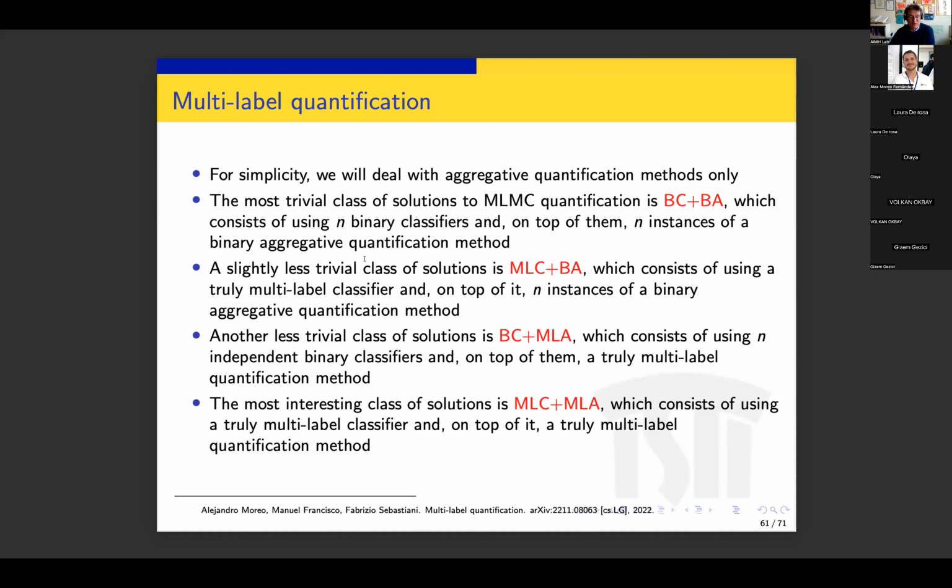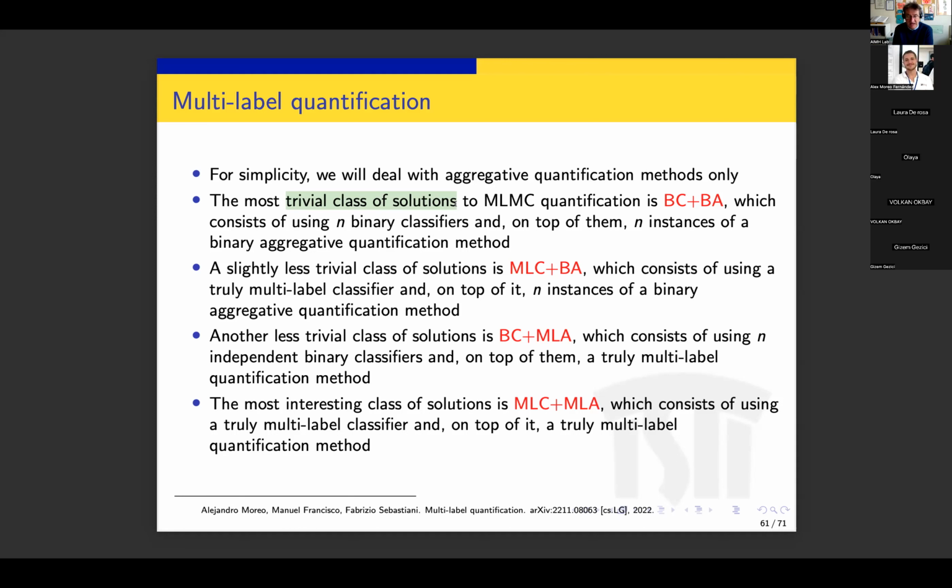Okay, so we start from a trivial type of solution. The most trivial type of solution is what we call BC plus BA, binary classification plus binary aggregation. It essentially consists of using n independent binary classifiers, and on top of them, you use n different instances of a binary aggregative quantification method.